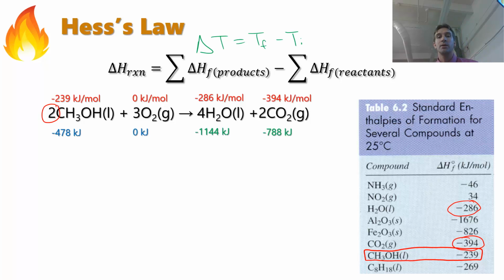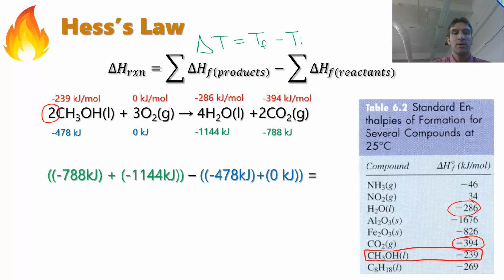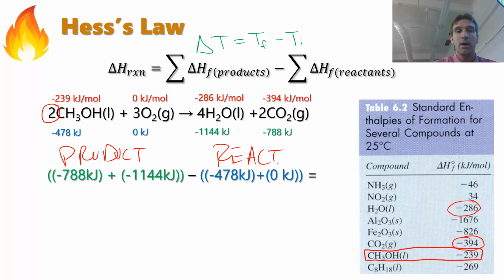So this is the area that confuses most of my students, is remembering that you have to do the sum, that's the summation symbol, this capital sigma, the sum of all product energies minus the sum of all reactant energies. So when you set this up, the product energies are shown here. The reactant energies are going to be shown over on the right.